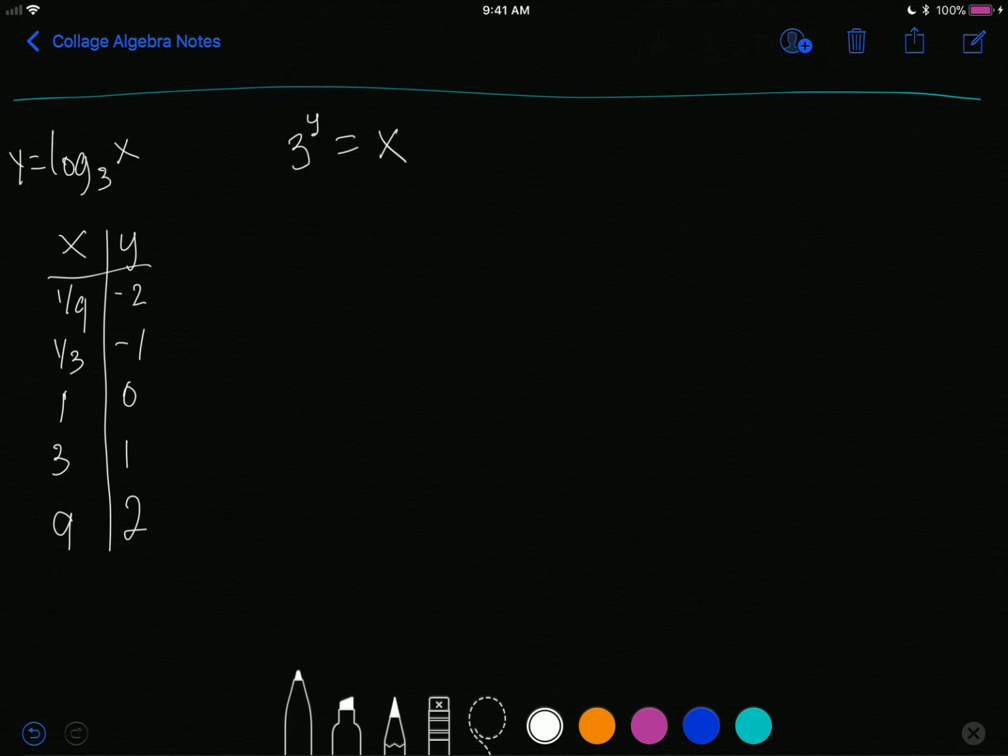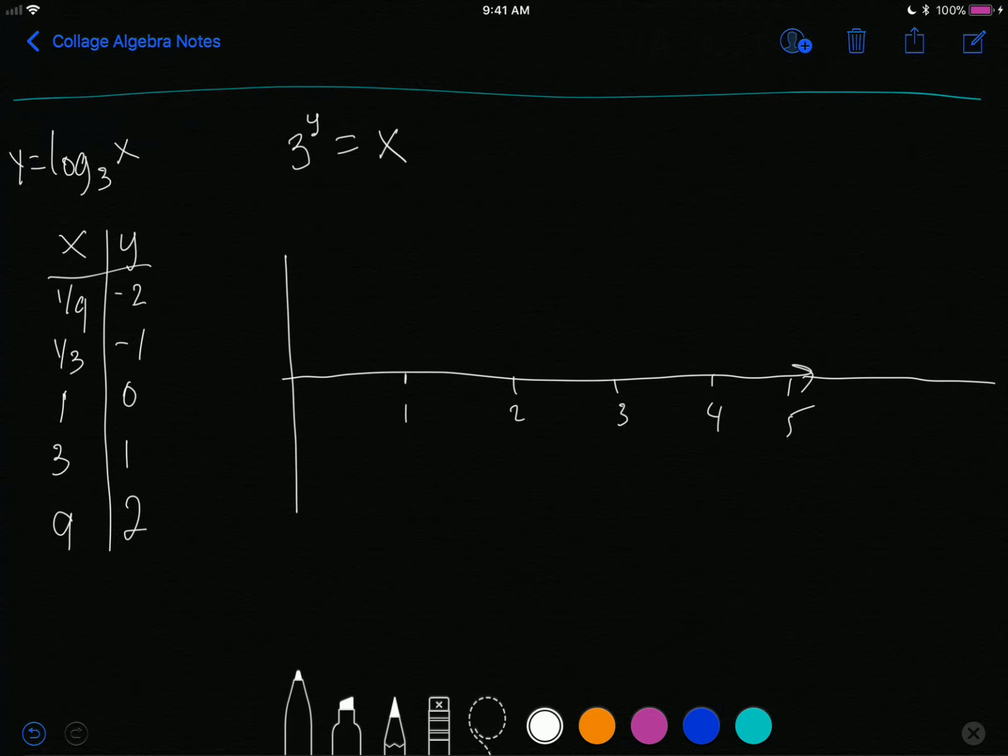So again, I create the same basic table of values, same basic graph structure. So I'm going to give myself some room. 1, 2, 3, 4, 5, 6. Will I get to 9? 7? No, I'm not going to get 9 again. And I will need 1, 2, negative 1, negative 2.